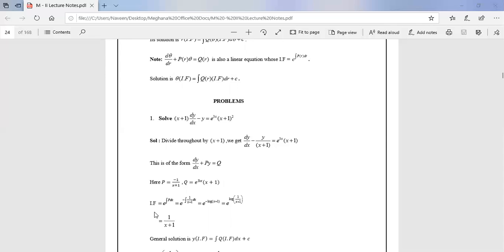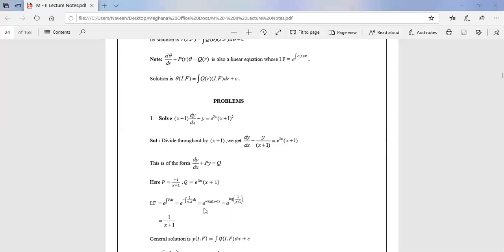In this case, integrating factor is e power integral p of x into dx, where p of x is minus 1 by x plus 1. So it becomes e power minus integral 1 by x plus 1 into dx. Integral 1 by x plus 1 dx is log of x plus 1.